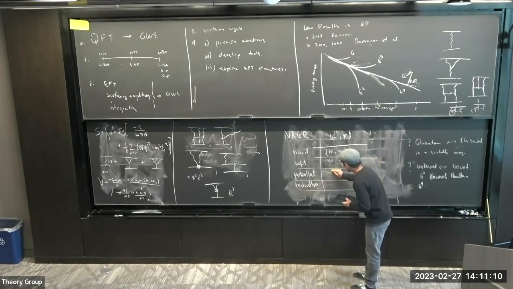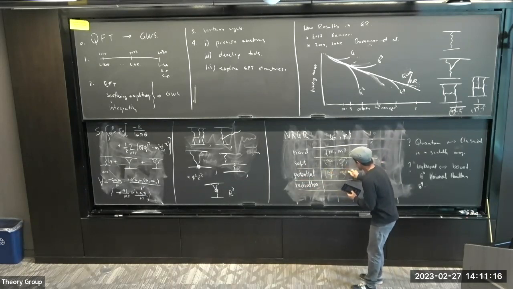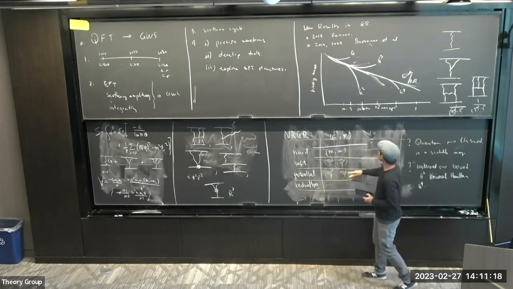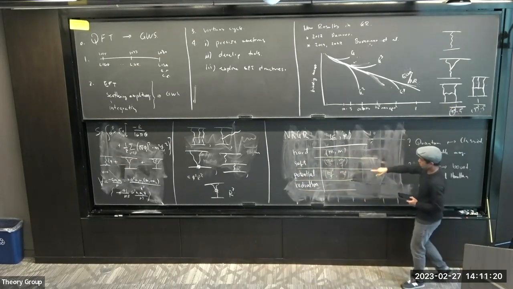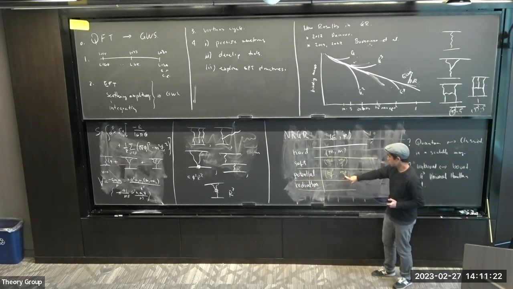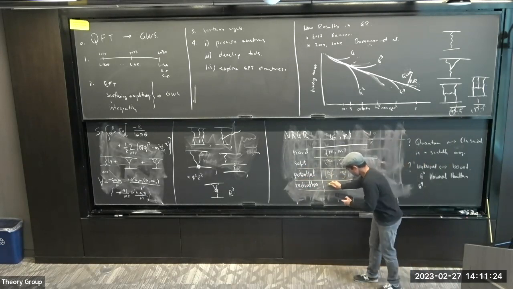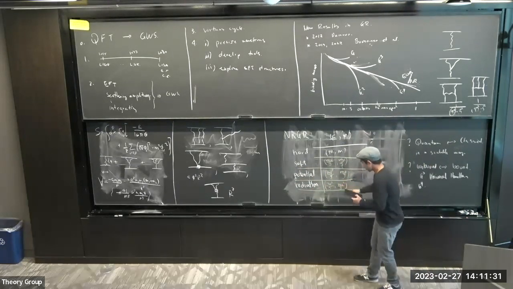The potential mode would be m v squared over J and m v over J. This is the mode that's responsible for these instantaneous potentials, where the energy component is smaller than the momentum component. And then there's the radiation mode, which is the case where the energy component and momentum component are the same order.